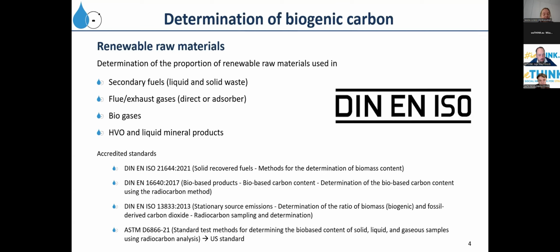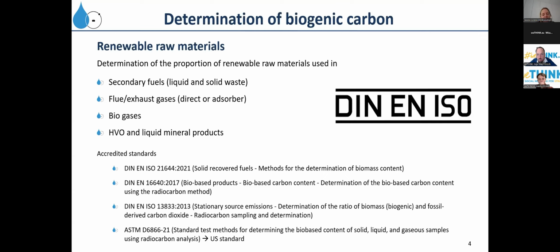So here we analyze the real CO2 emission, which is continuously sampled before it goes out of the chimneys. Many people always ask for the US standard, ASTM D6866.